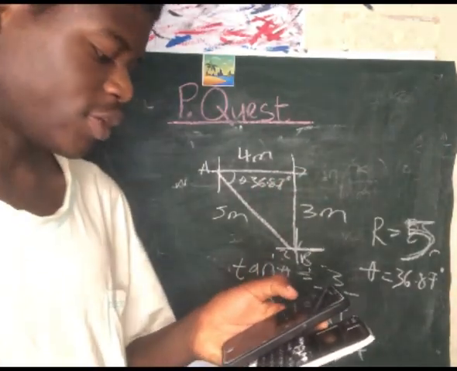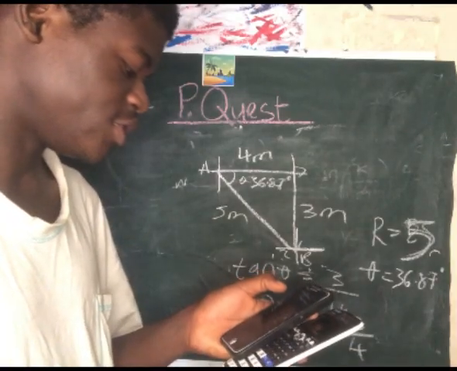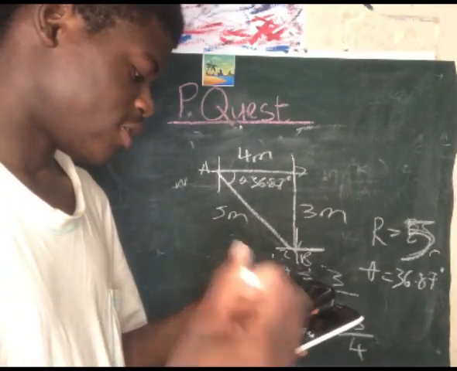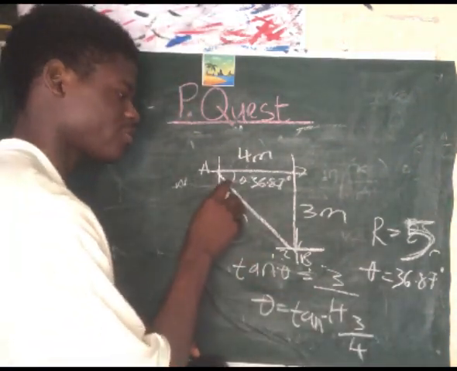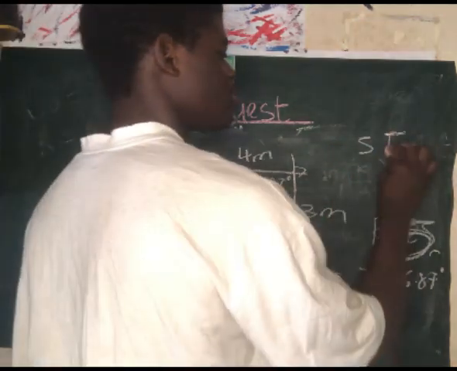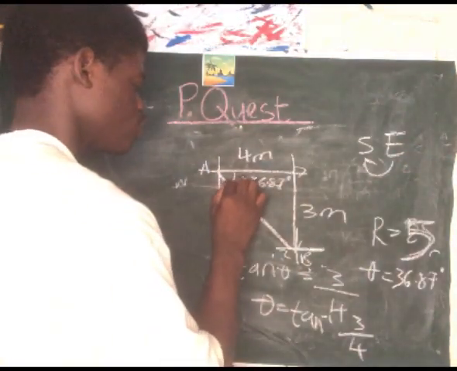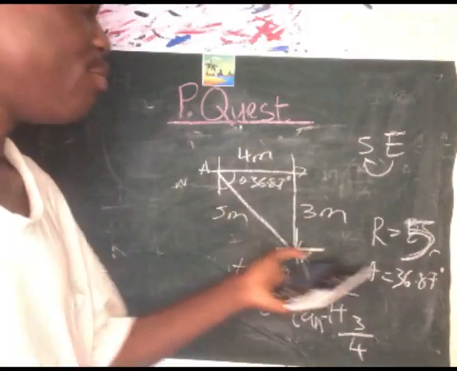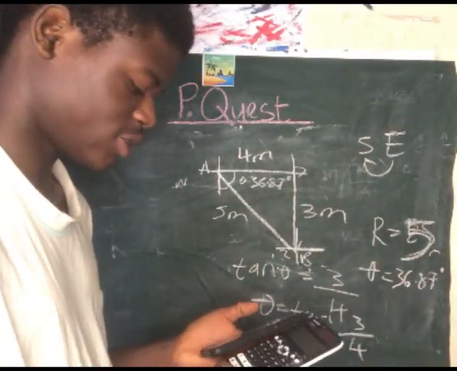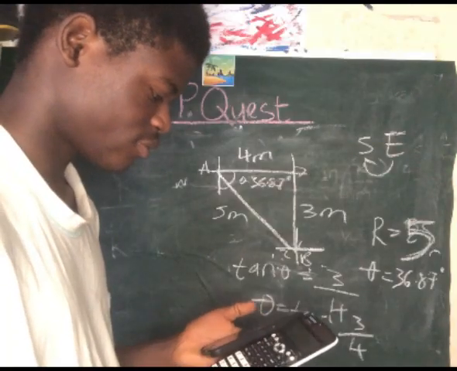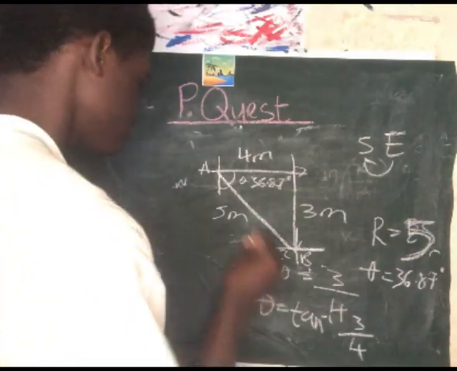The options say A is 5 meters southeast, B is 53.13 degrees southeast. If you notice, everything is in southeast, but this angle is not southeast. Southeast means east of south, so the angle belongs to south. So we do 90 minus our answer. That's 90 minus 36.87, and that's 53.13 degrees.